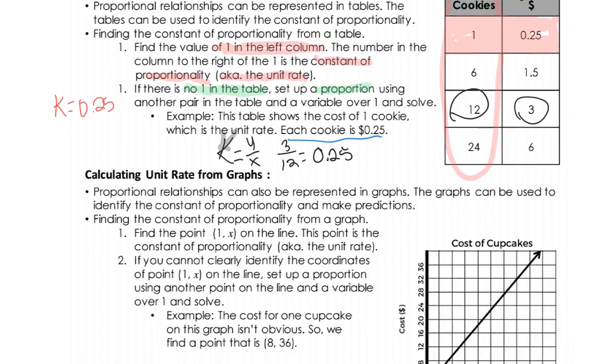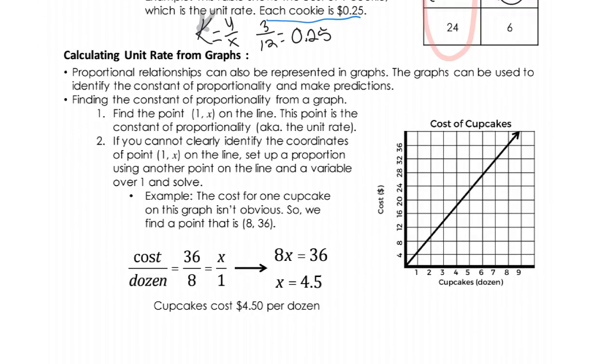Looking at the next one, calculating unit rate from graphs. Proportional relationships can also be represented in graphs. The graphs can be used to identify the constant of proportionality and make predictions. Finding the constant of proportionality from a graph, the first thing you do is find the point (1, y) on the line. That's kind of deceiving, it should be 1, y.